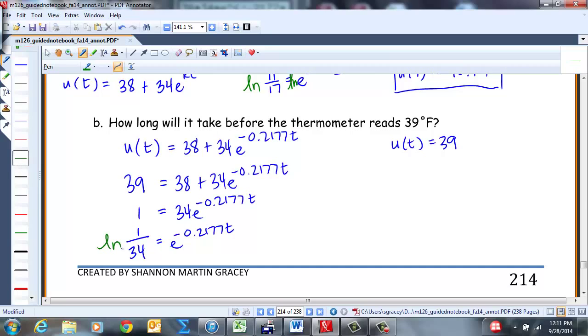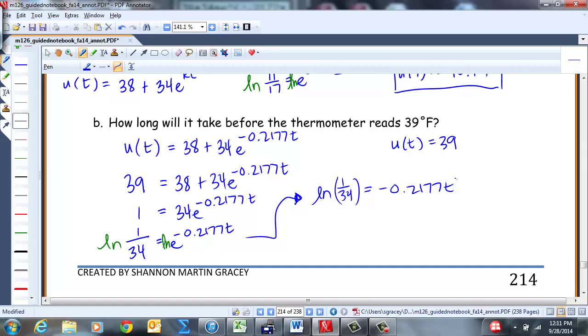Applying the natural log to both sides, we get natural log of 1/34 is equal to negative 0.2177 times t.